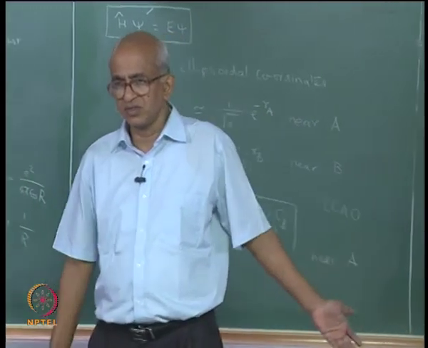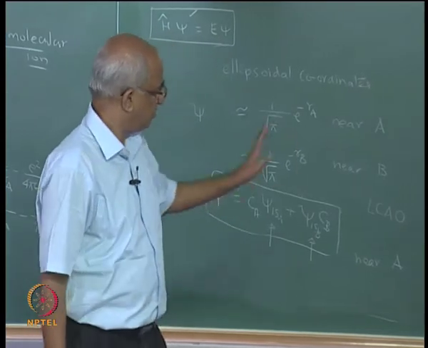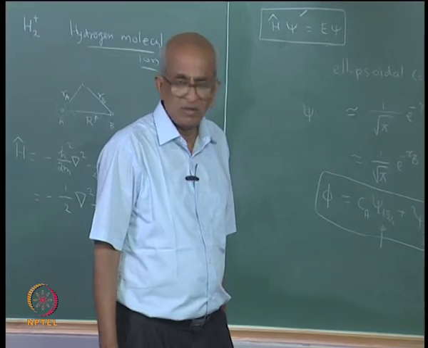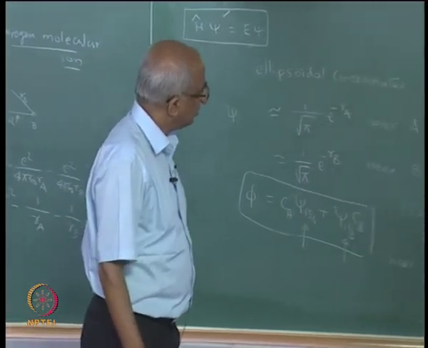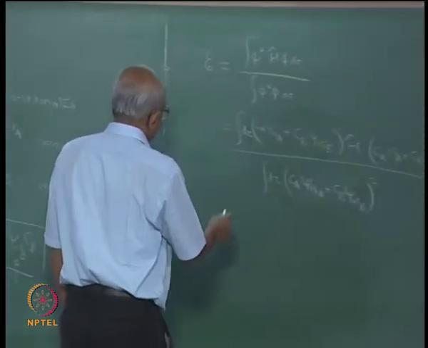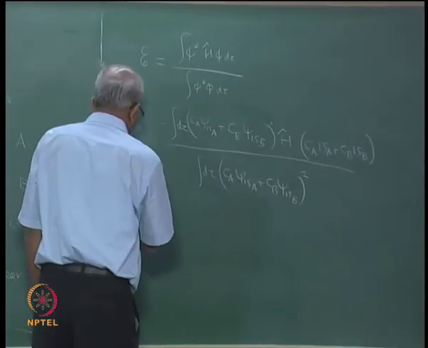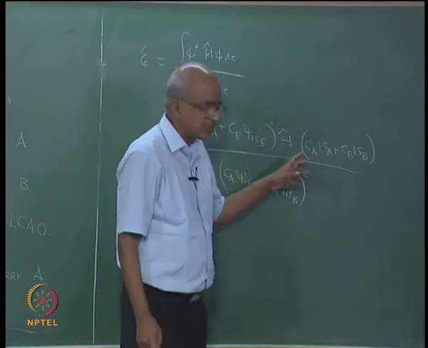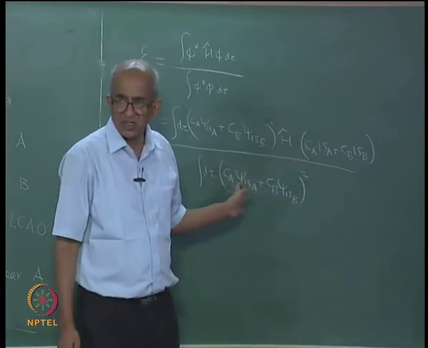Have I made a mistake? No, this is okay. So, the star has been removed, and now I can actually expand this. When you expand this, you will see that there are 4 terms in the numerator and 3 terms in the denominator.